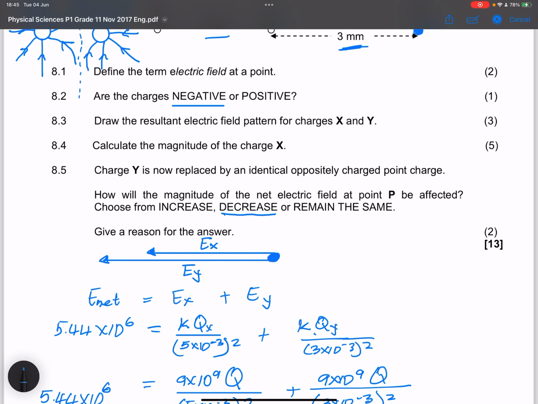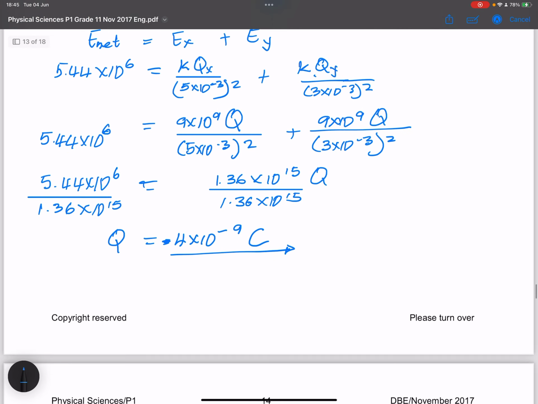So notice, what you're going to have is two fields that are opposing each other. So it is going to decrease, and why is that? Because E net is now going to have EY minus EX, whereas initially they were additive. We took the sum of the two.